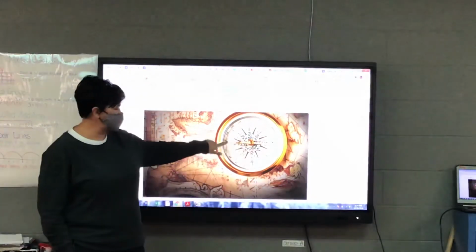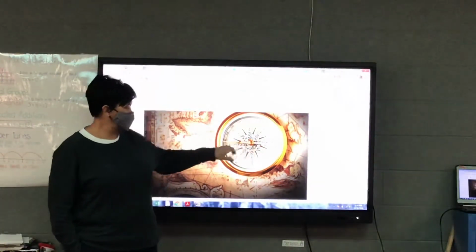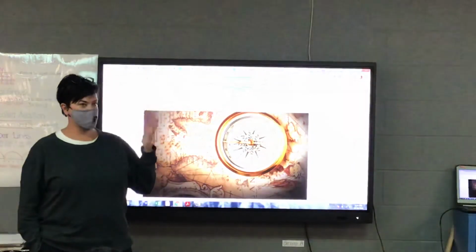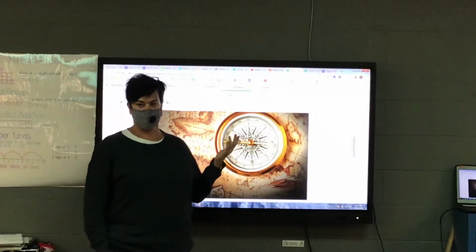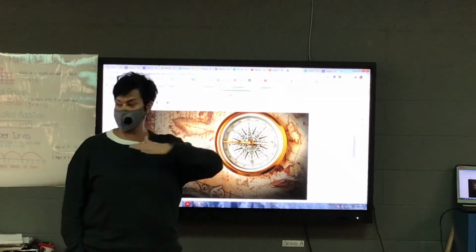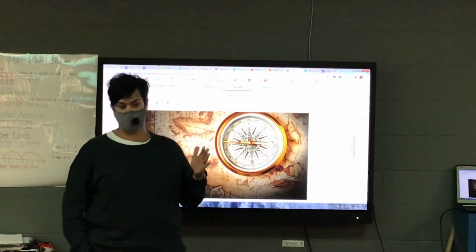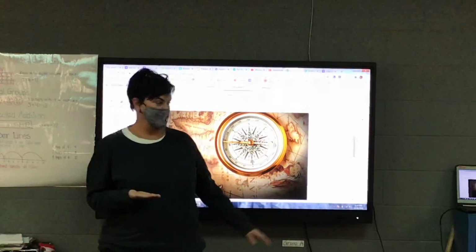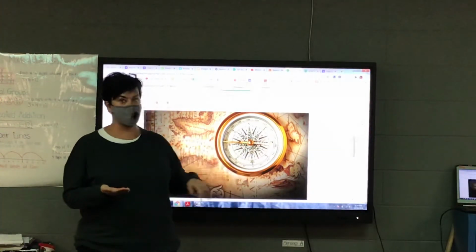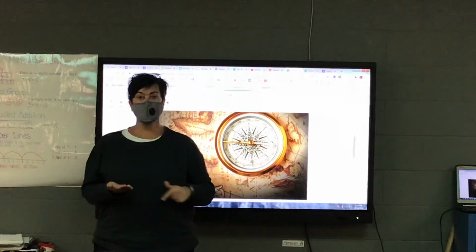There's different numbers around the compass. It has this little metal, what's the word I'm trying to think of? Golden thing. Kind of looks like a pin. It points to the direction that you're facing. Like if I were holding a compass in my hand, this would point to, like right now, I'm facing north.